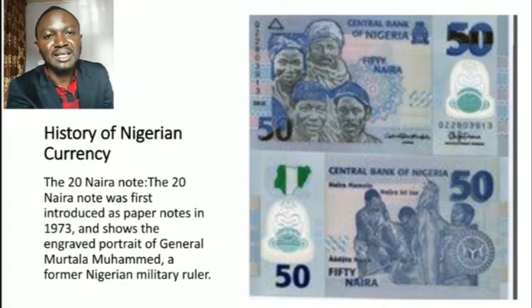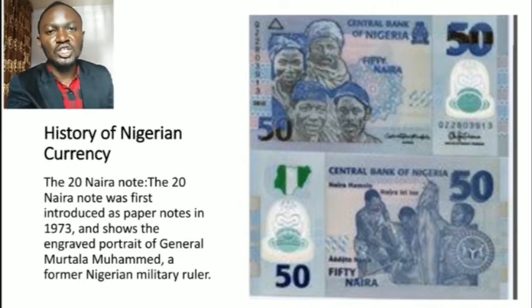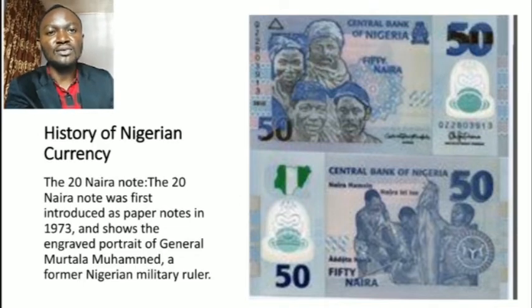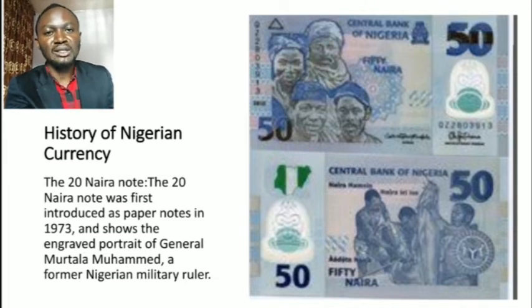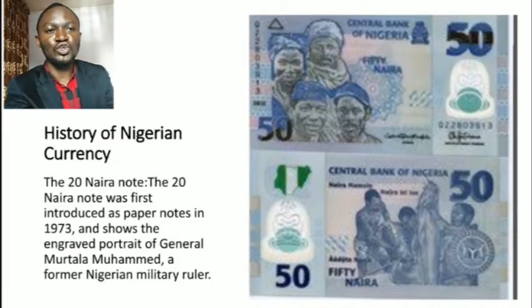Sociologists will tell you that there are over 300 ethnic groups in Nigeria, but the major ones are Hausa, Fulani, Igbo, and Yoruba. So these are representations of these major tribes, showing that Nigeria is a nation of multiple tribes, but we live under the principle of unity in diversity, unity in cultural diversity.